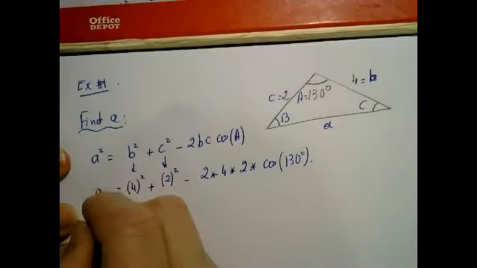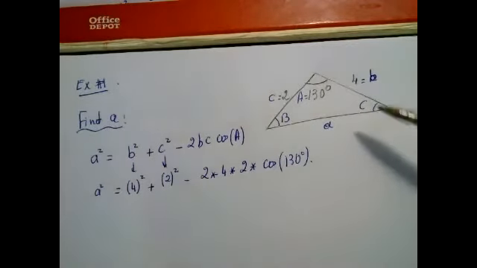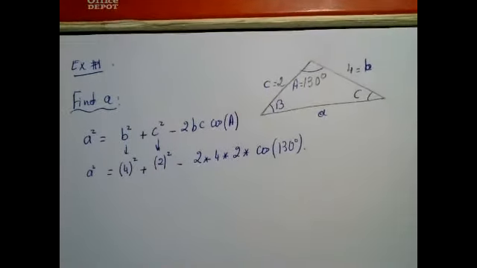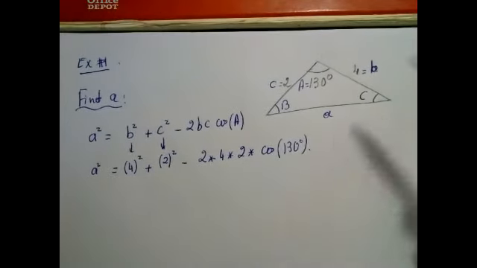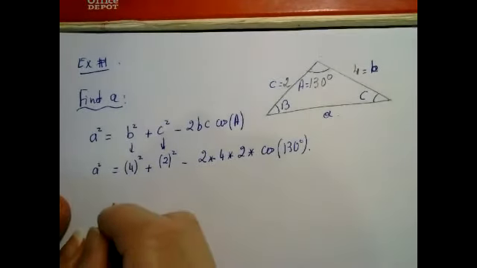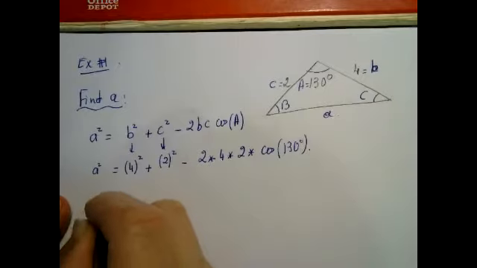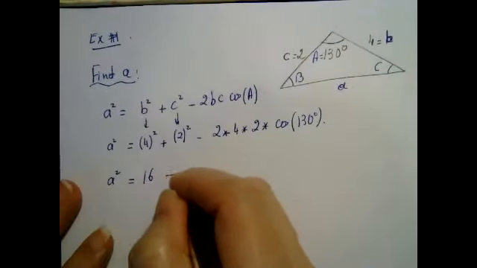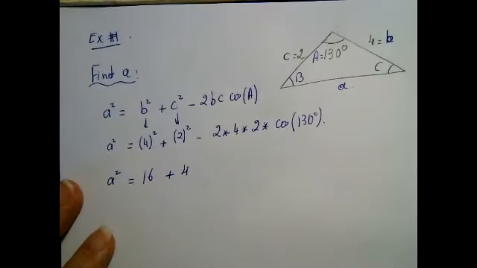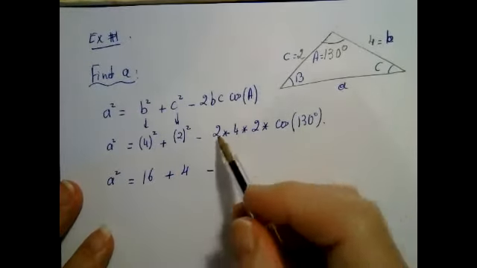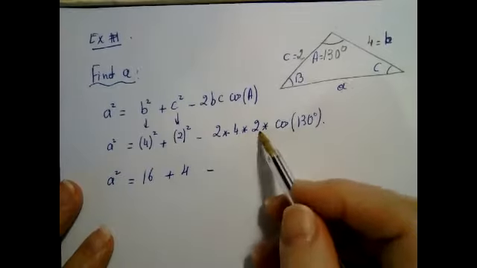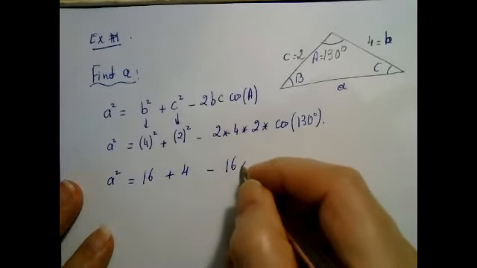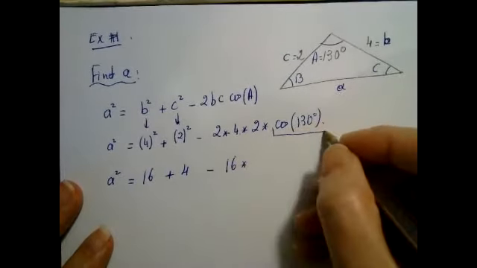That will give me a squared. I have a bunch of info, and I'm going to use the law of cosines to find the third side. So this is equal to 4 squared, which is 16, plus 4, minus 2 times 4 times 2, which is 16, times the cosine of 130.